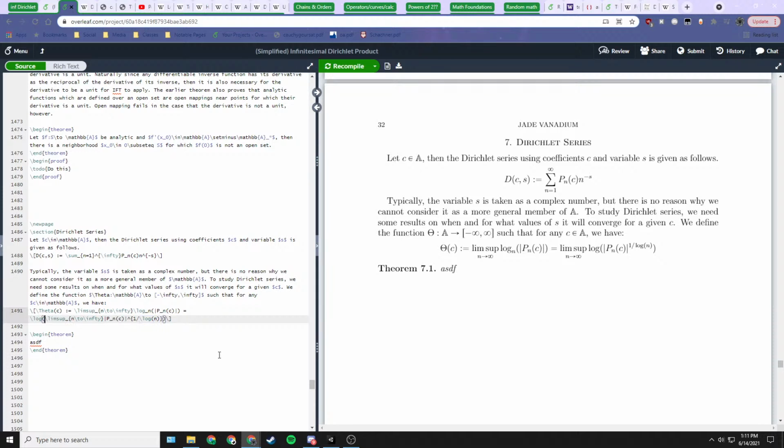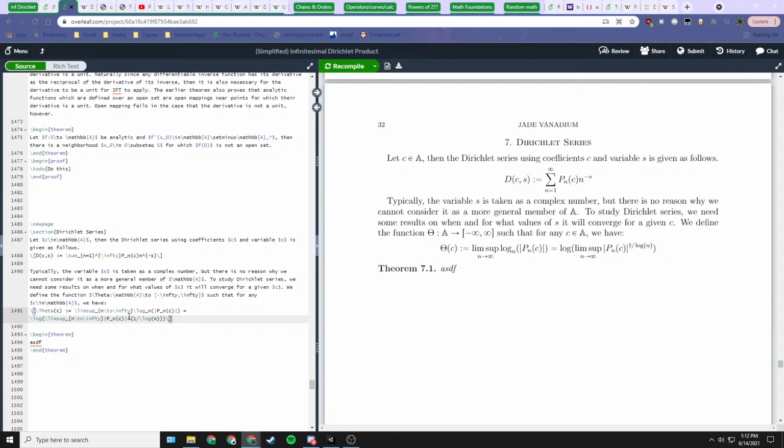We could just as well put this outside of the limit supremum. That would be the same. And then this is actually just the log of the phi value under a change of coordinates. So instead of n measured as just 1 over n, we're doing 1 over log n.